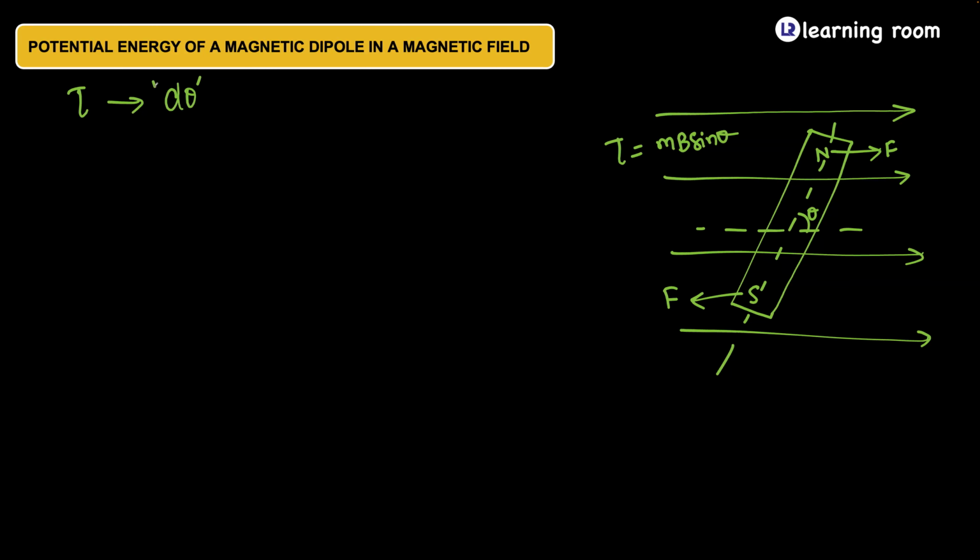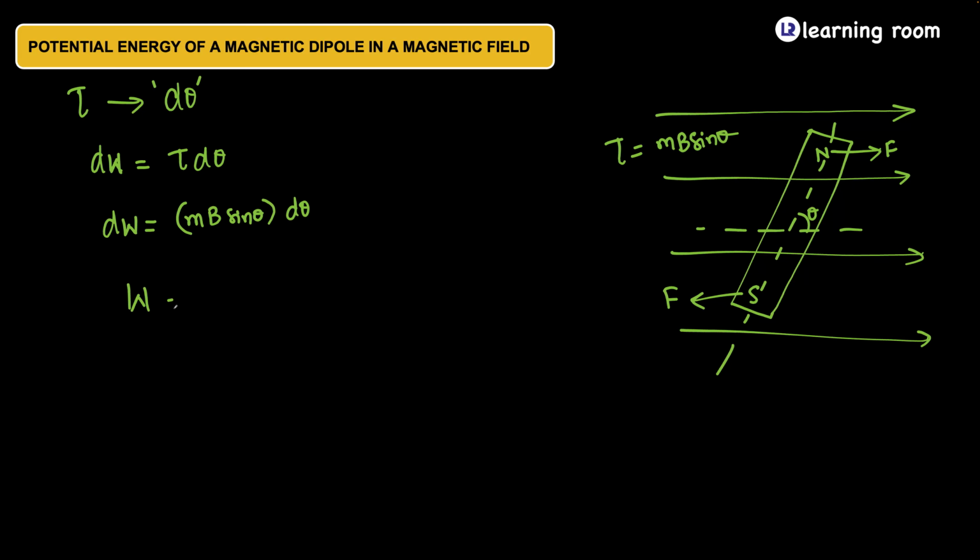Then what is the small amount of work done by the torque? Small work done will be equal to tau d theta. What is the value of tau? It is mB sine theta. So dW equals mB sine theta d theta.